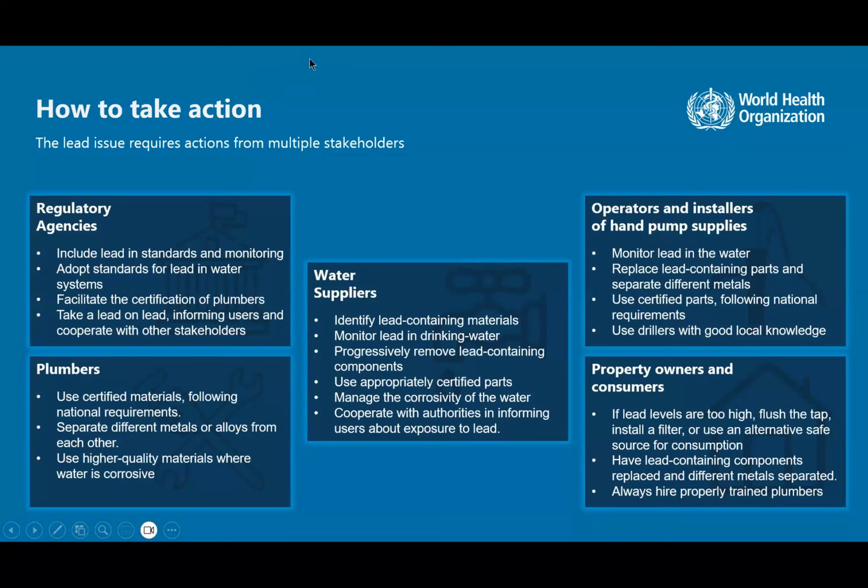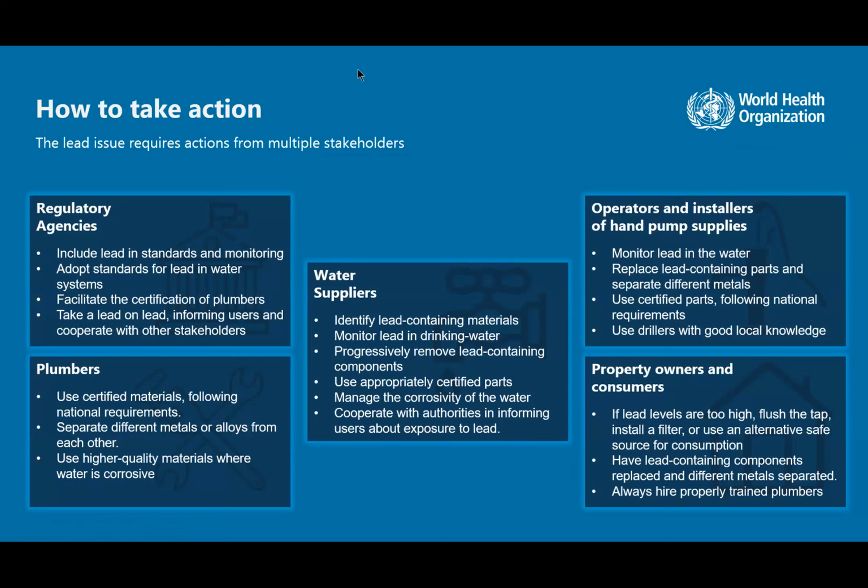The water suppliers themselves can take many different actions to immediately reduce lead, or over the long term progressively replace lead materials over time, if resources allow. And I mentioned the hand pump story.